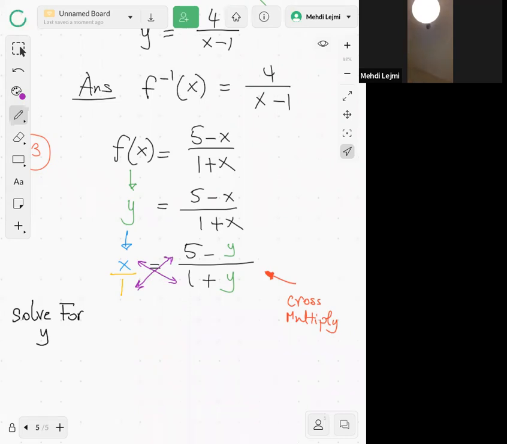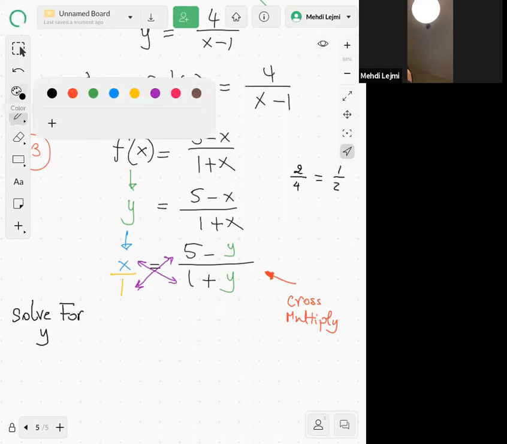This is actually a very general fact. If you have two equal fractions, like 2 over 4, which is of course 1/2, and you cross multiply, you can see 2 times 2 is equal to 1 times 4.